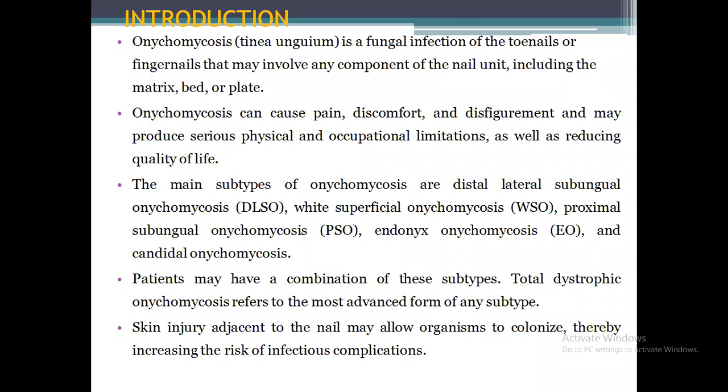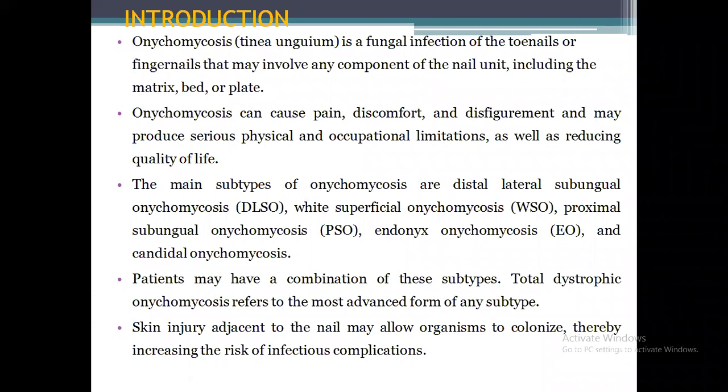There are different types of onychomycosis. First one is distal lateral subungual onychomycosis, DLSO, which is the most common one, followed by white superficial onychomycosis, WSO, and proximal subungual onychomycosis, PSO, endonyx onychomycosis, EO, and candidal onychomycosis.